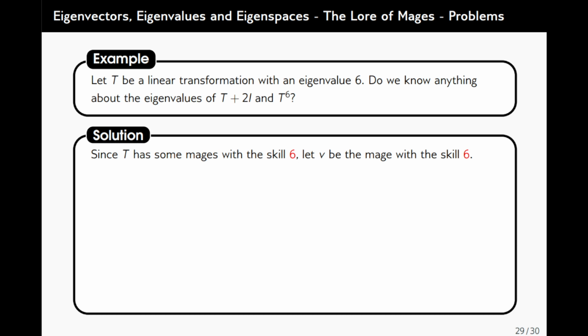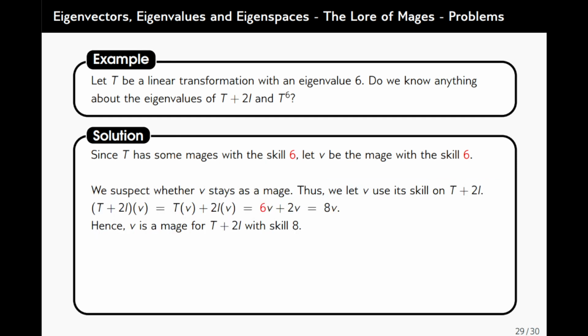You try to use this mage on the new thing, T plus 2I. If you try it, you will see it splits. How do we compute TV? V is a mage, it turns T into 6. And that's why you know that it's 8. Okay?